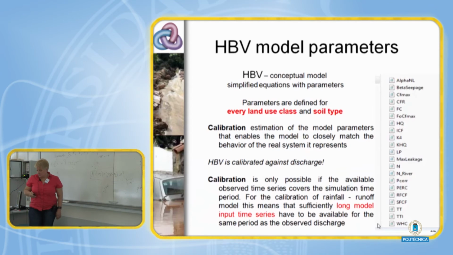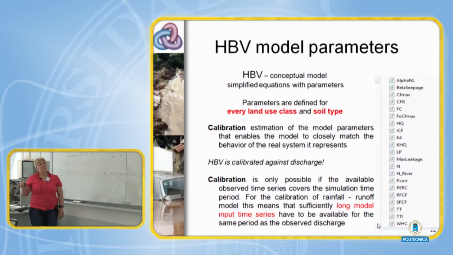Some of you asked about the calibration of hydrological models. Since the HBV is a conceptual model and it has simplified equations with parameters, there is a list of parameters that you need to set for every land use class and soil type.